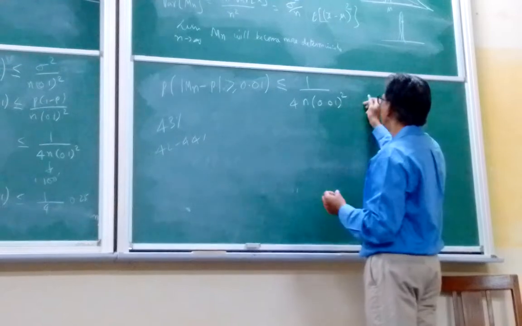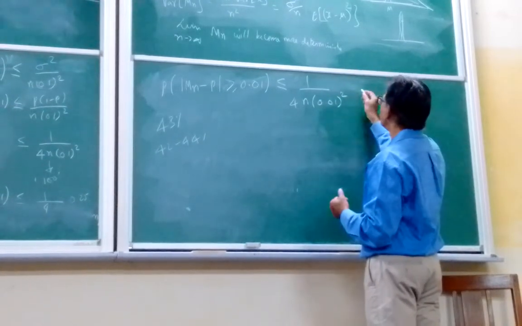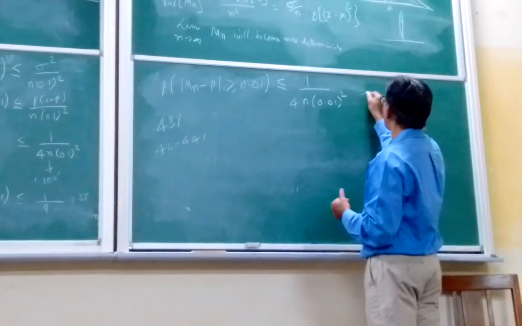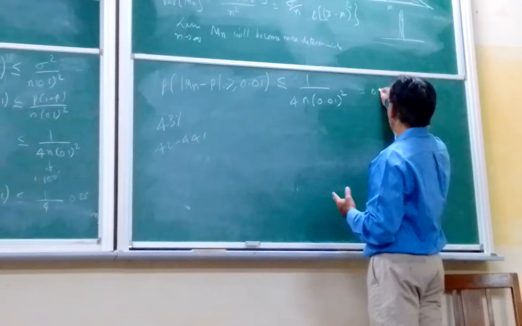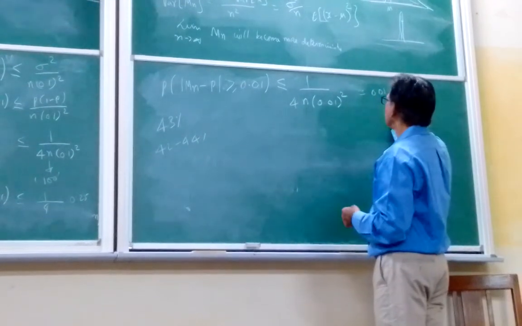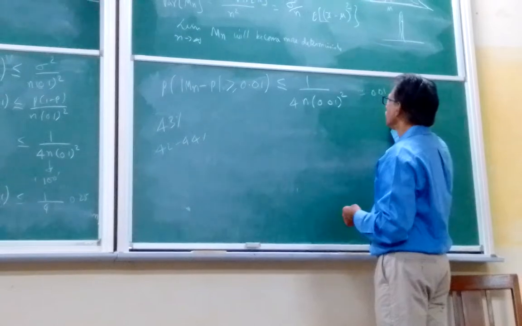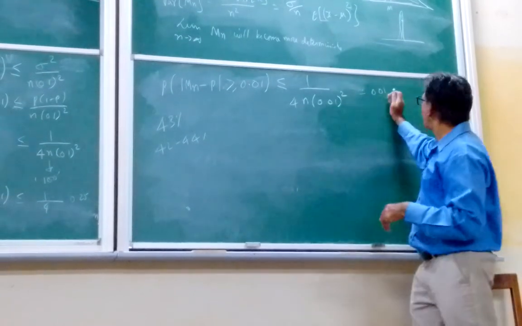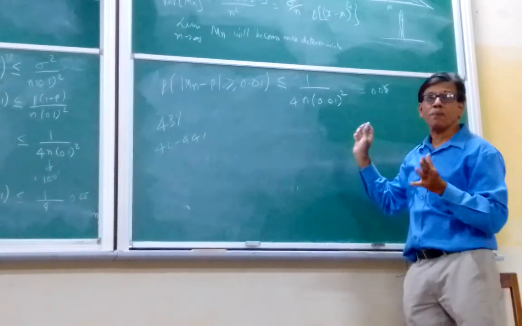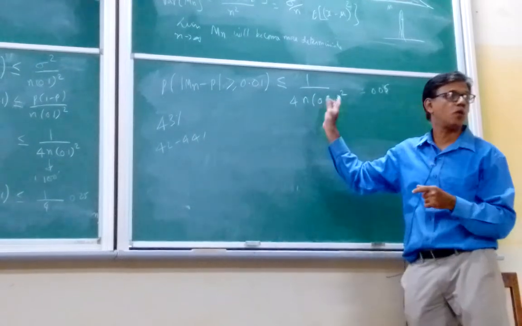And this one I want to be again very small, of the order of 0.01 or so, that is with 99% accuracy, or 0.05, with 95% accuracy, I want to predict. That's what it means.